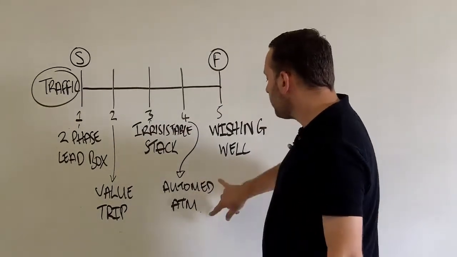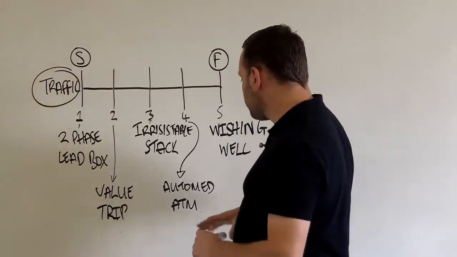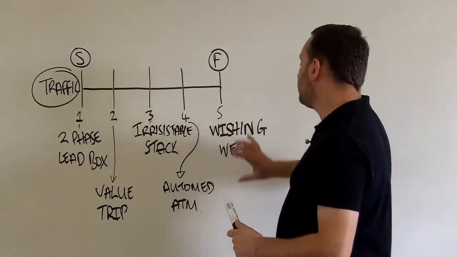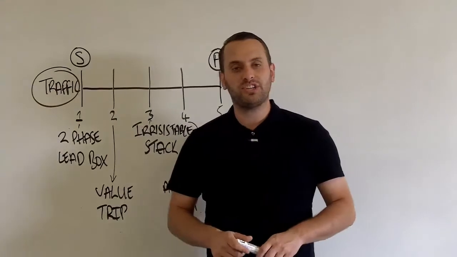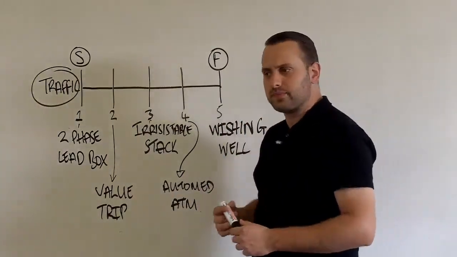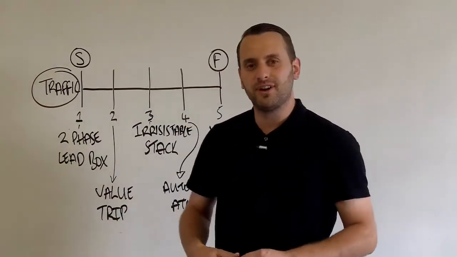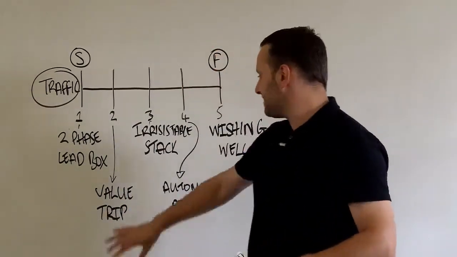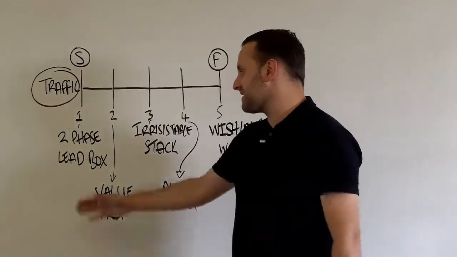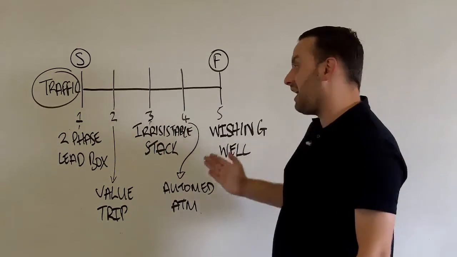Fourth, we've got the automated ATM, which is a way in which you build your recurring income. And finally, I call it the wishing well. The wishing well is a way in which you have people coming to you to pay you thousands and thousands of dollars. So this is the five pillars of the process, and this gets you leads, customers, repeat customers, members, and clients.